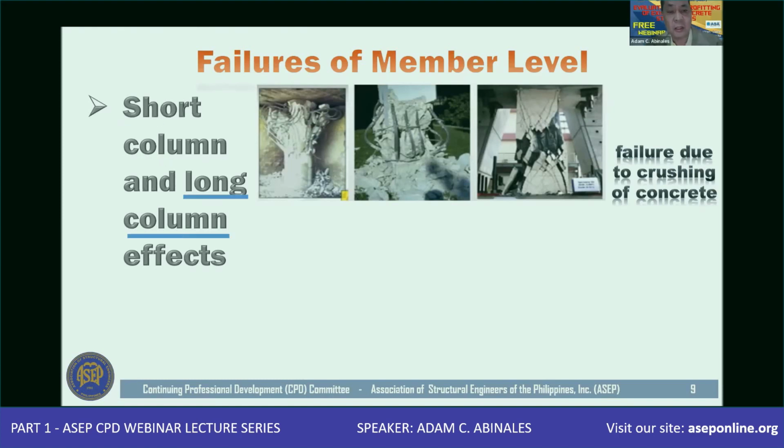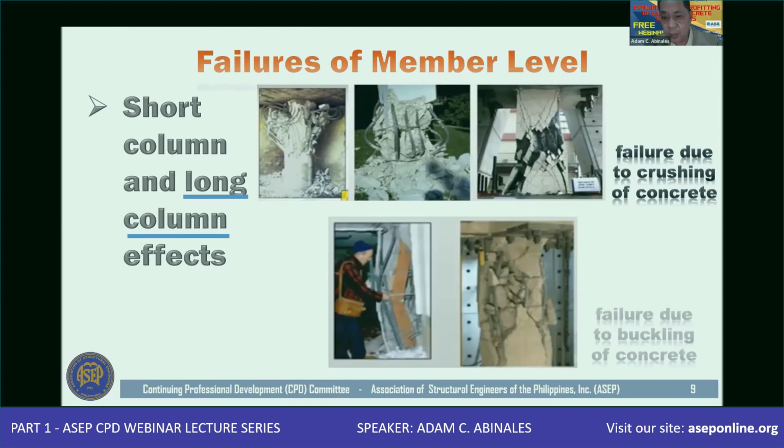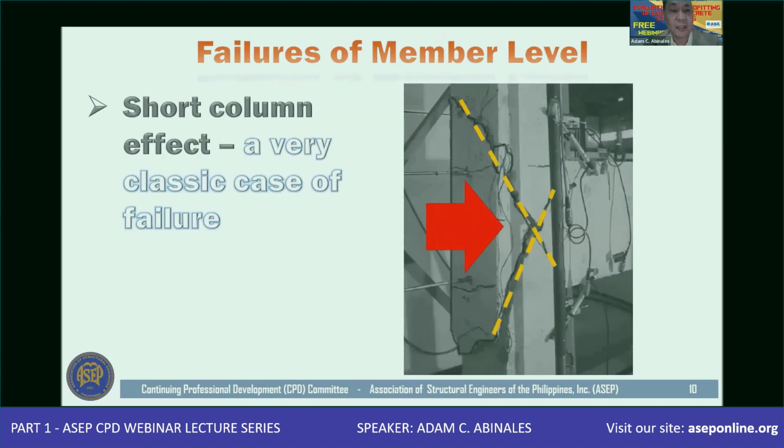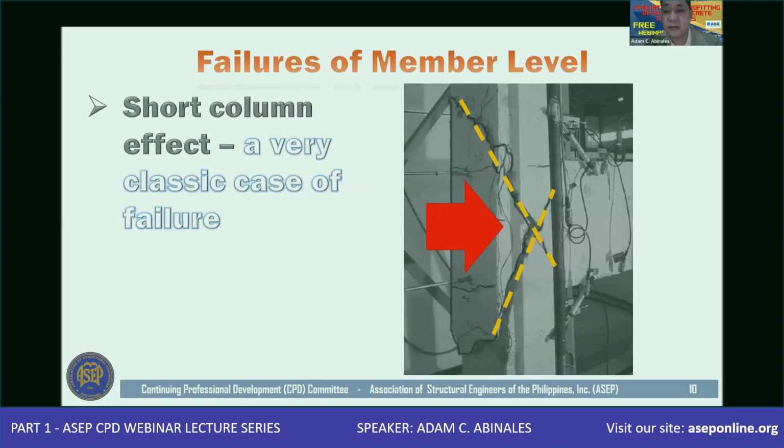Or when we say long column effect, the failure here is due to the buckling of the concrete. As evidence here, the short column effect is a very classic case of failure in most reinforced concrete frames.